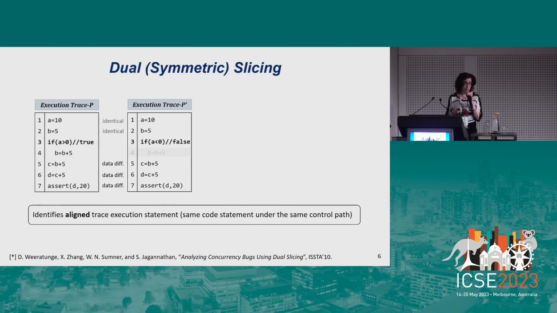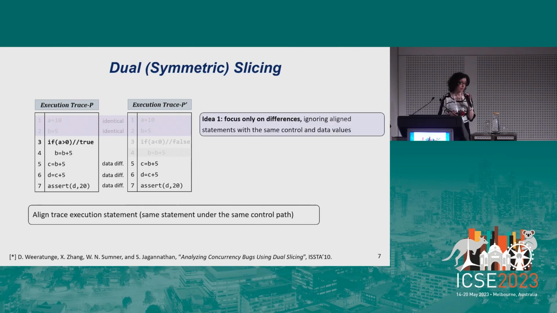Now, once we do that, dual slicing has two ideas. First, it removes all statements that are identical. All aligned identical statements, being identical, probably do not contribute to the failure, so they can be removed.